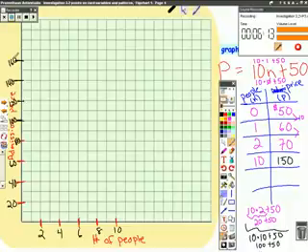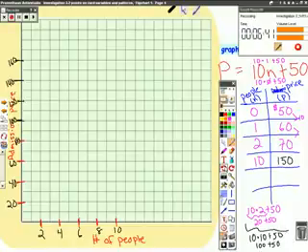All right. And so now we are going to plot some of these points. So at 0, it's 0. At 1, it is 60. At 2, it is 70. Ooh, I'm sorry, I just messed up. You know, I'm really getting tired of you guys not telling me when I mess up.